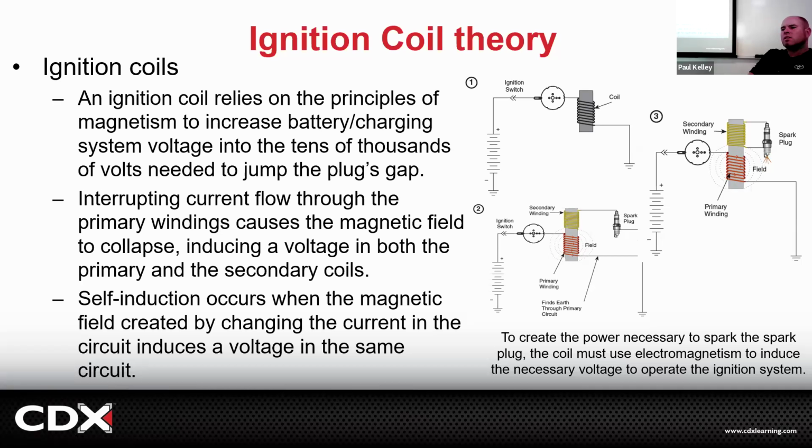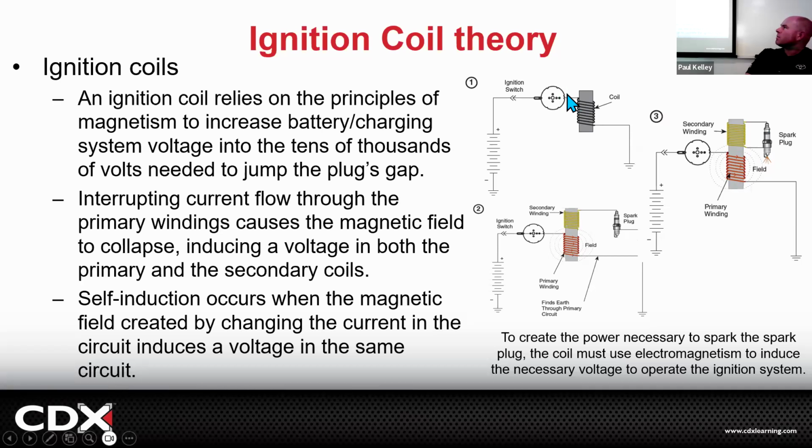So that's all grounded. So if we induce high voltage into the secondary coil, it's going to be like, hey, I'm going to find my way to ground, and I've got 40,000 volts of pressure to do so. It's willing to literally go through the spark plug and jump an 1/8 inch gap to where that ground is connected. Okay, so that's the whole goal.